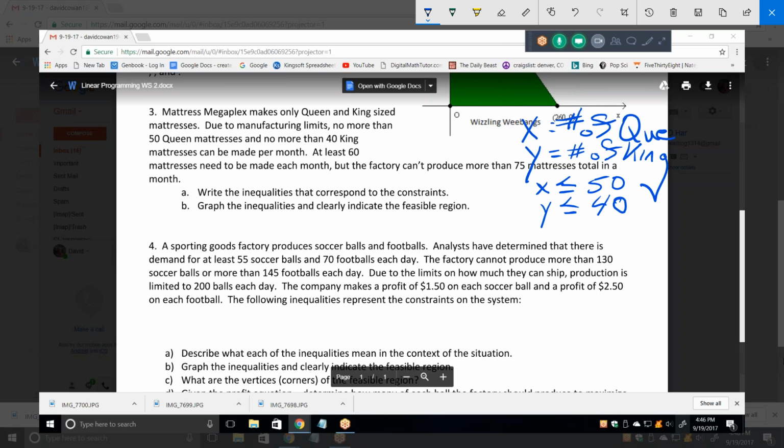Let's go down to the next sentence: at least 60 mattresses need to be made each month. Well, let's put that in an inequality. What's X plus Y have to be? Greater than or equal to 60.